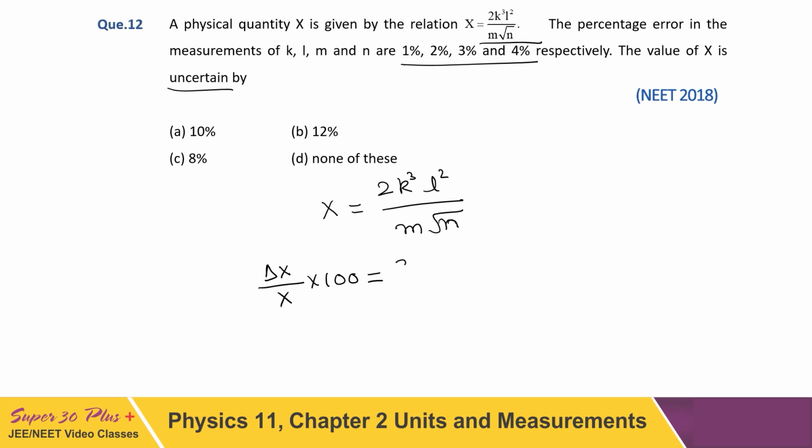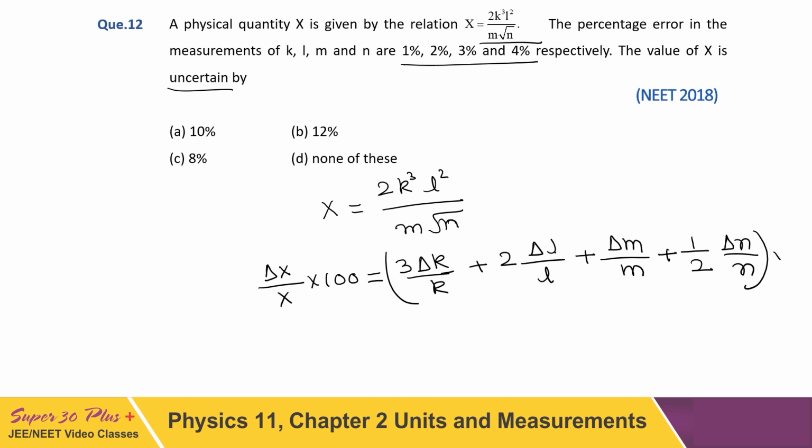The next terms will be 3Δk/k + 2ΔL/L + Δm/m + (1/2)Δn/n. As you must know, even if a term is in the denominator, always the percentage or relative errors are added, and this whole is multiplied with 100.